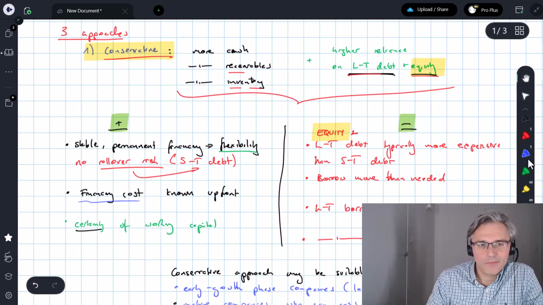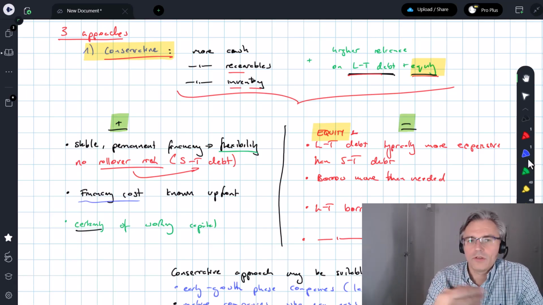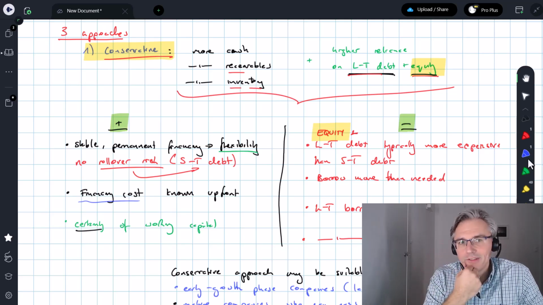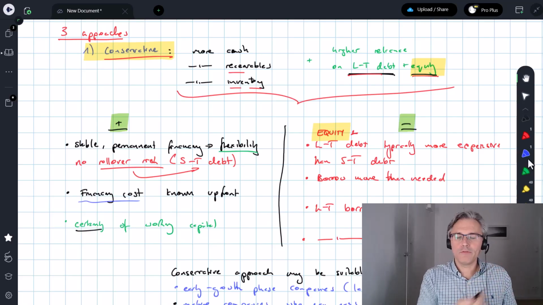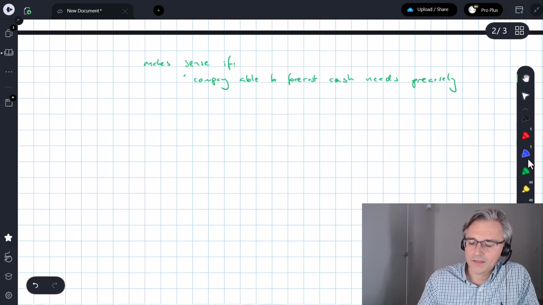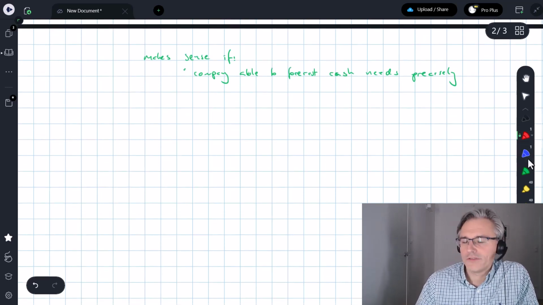A conservative approach to cash management may be well suited for a business that's very volatile in terms of the demand for its products, etc. Because the business is quite volatile, you're taking a lot more risk in the business. You need to act more conservatively with your cash management, not to run out of liquidity. Whereas if your business is quite predictable, then you can afford to be more aggressive with your cash management.